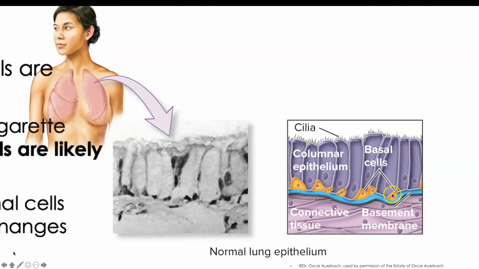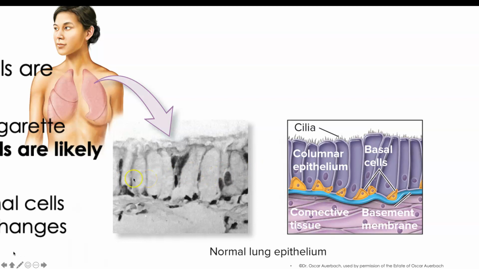And they have a slightly different function than our columnar epithelial cells. We'll talk about this again when we get to tissue types, but these basal cells are right against the basement membrane, and then the basement membrane is what is going to be attached to other cells which make up our connective tissues.